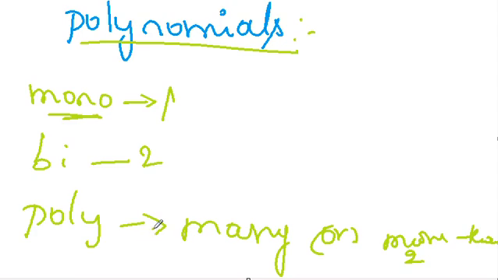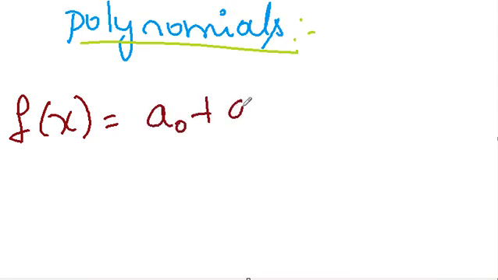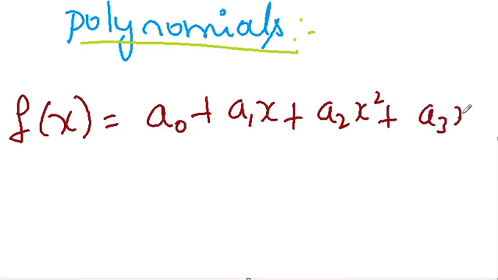So here the actual definition of this polynomial is an algebraic expression of the form f of x is equal to a naught plus a1 x plus a2 x square plus a3 x cube plus etc, an x to the power of n.